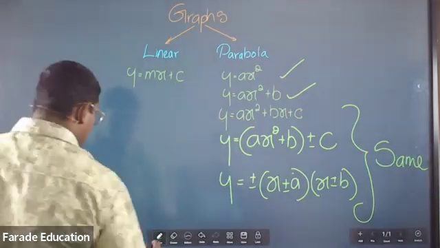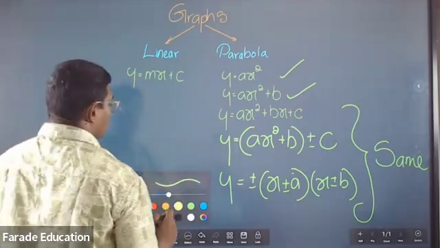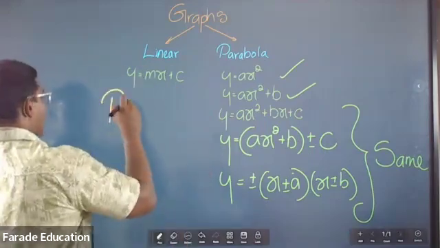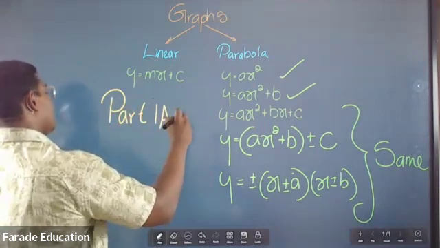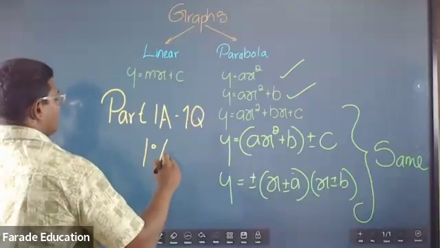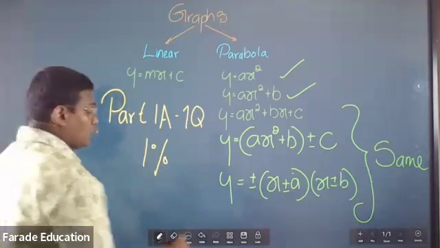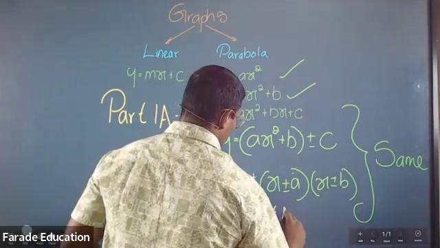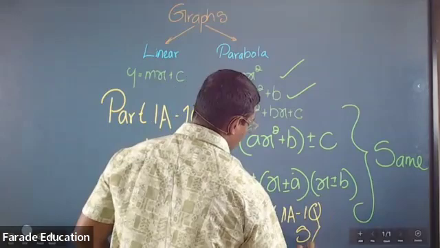Clear? Here, up to now, I won't say it will be the same, up to now, the part 1A question, that means the question we are doing, the one question is always from linear graphs. The part 2A question, there's one question which gives you 5 marks out of 100.